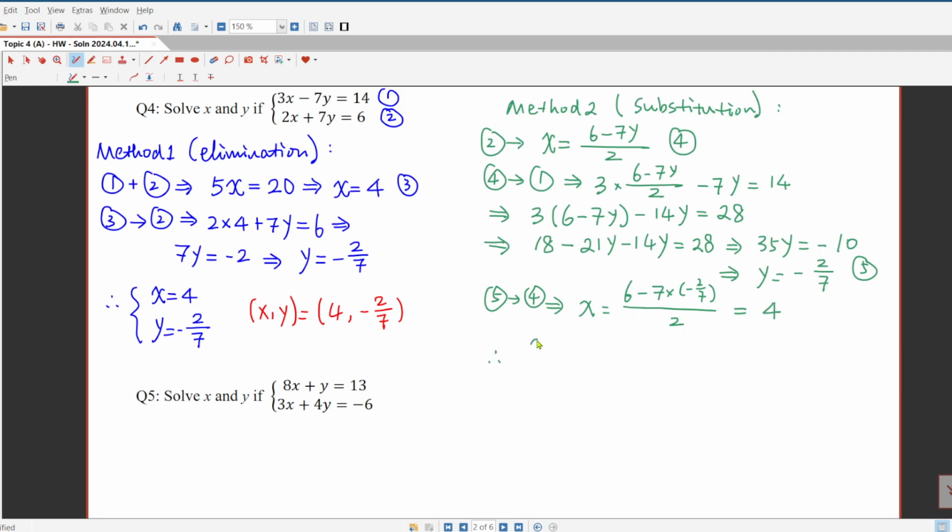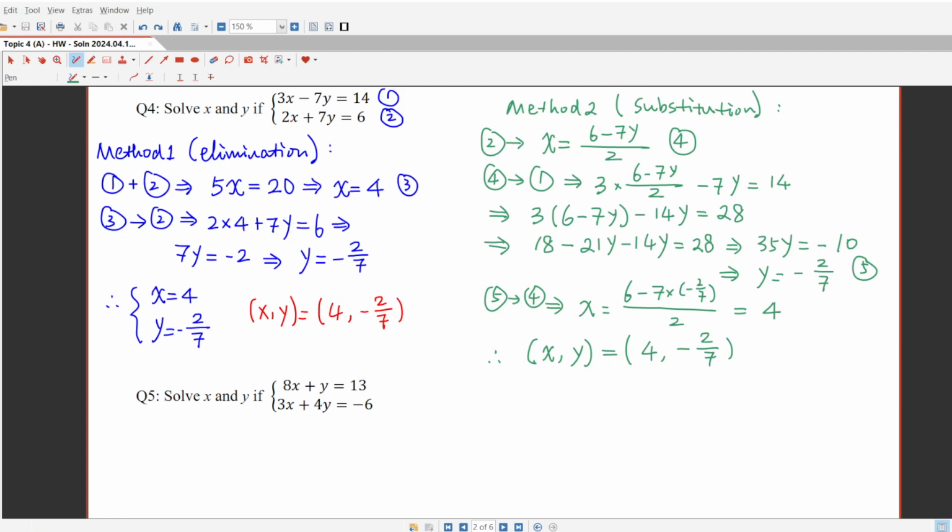And of course, the final solution is x equals 4 and y equals negative 2 over 7. Of course, you can also write it in this way. Either way will do, okay? Alright, have a look at the solution here. Any questions, just let me know, okay?